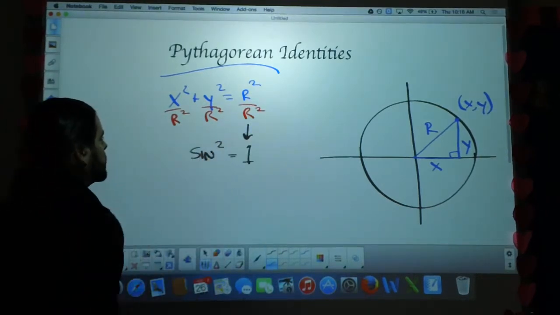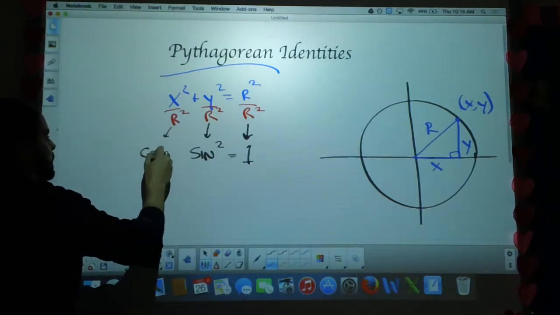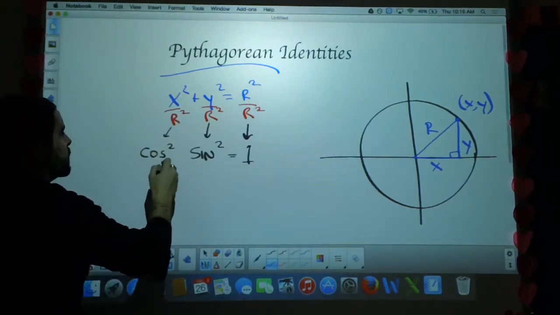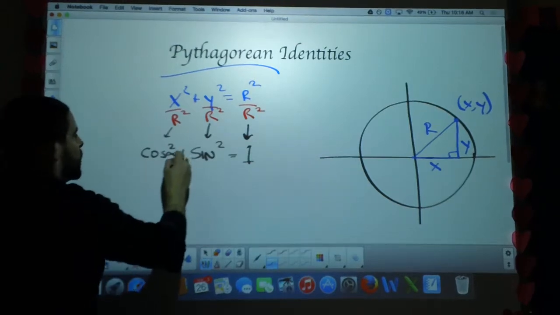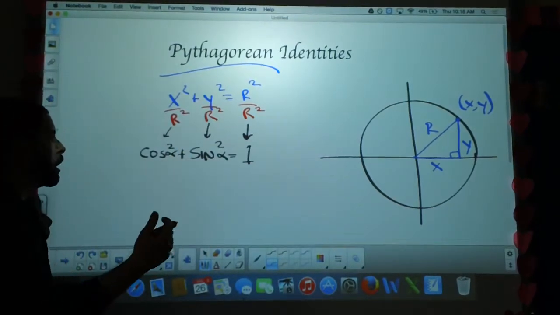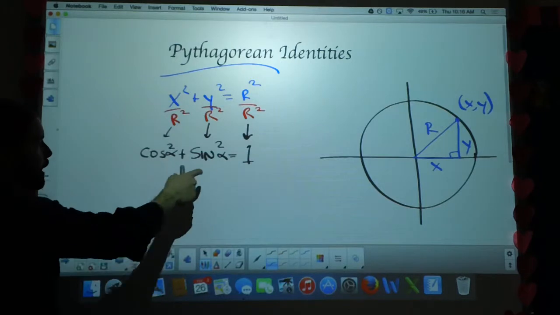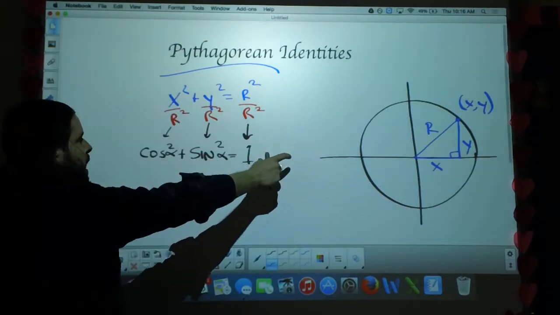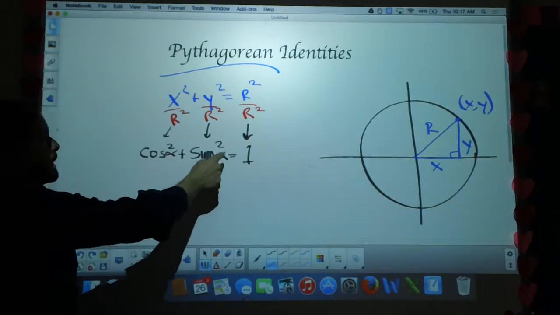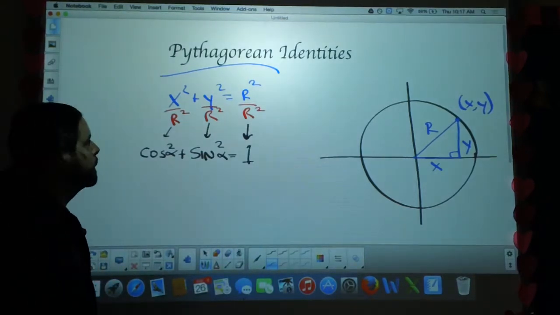So sine squared, and x over r, that's cosine. So that means the cosine of any angle plus the sine of any angle, when you square them and add them together, you will always get 1, which is a nifty trick. You could manipulate this too, right? Like you could subtract sine squared from both sides and know that cosine squared equals 1 minus sine squared. That's handy to know that you can do that.